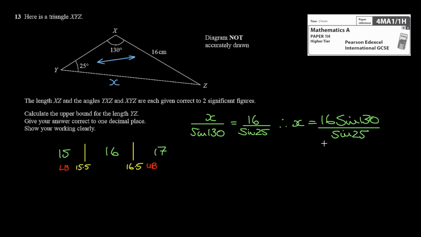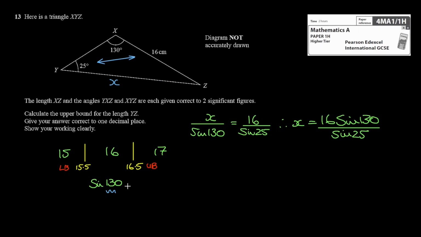Now, you've got to watch out with sine values, because the value of sine 130 doesn't necessarily go up when the angle goes up. So let's put sine 130 in here as our central value. So considering just the number 130, we're only quoting that angle to two significant figures.